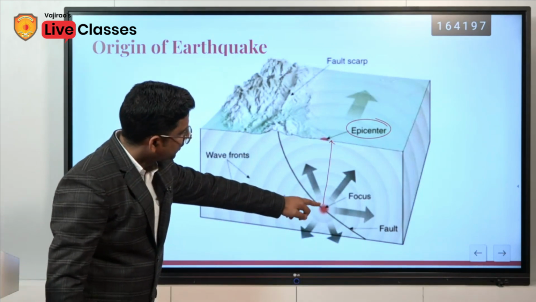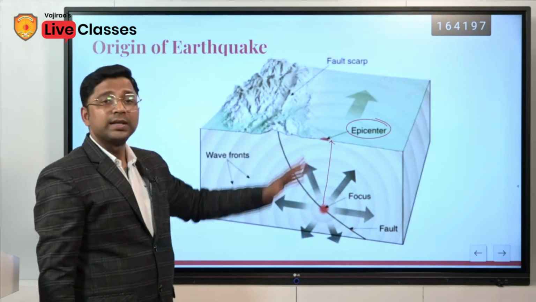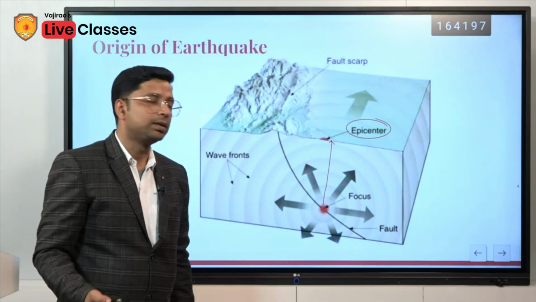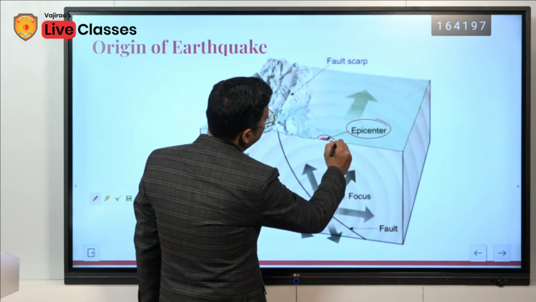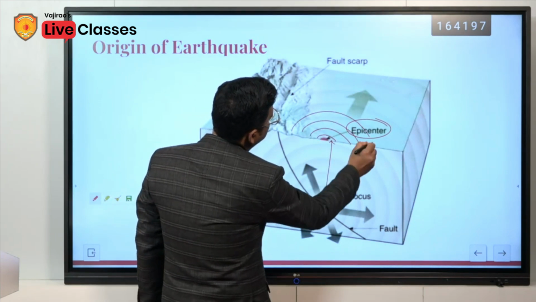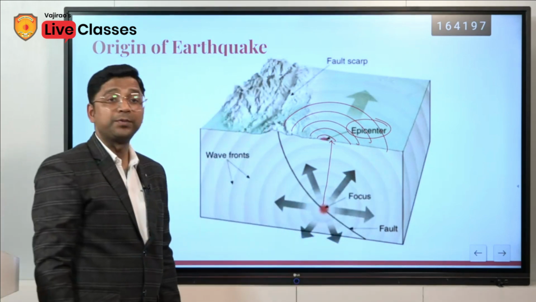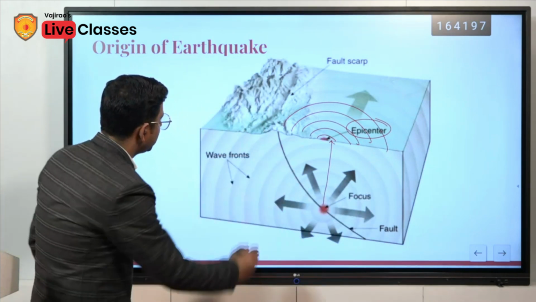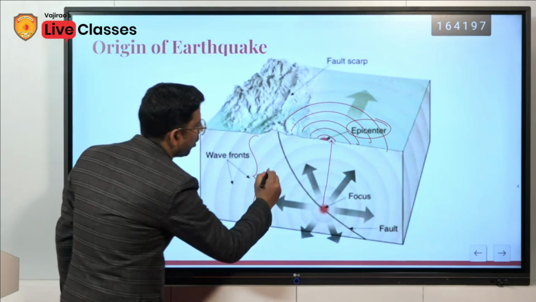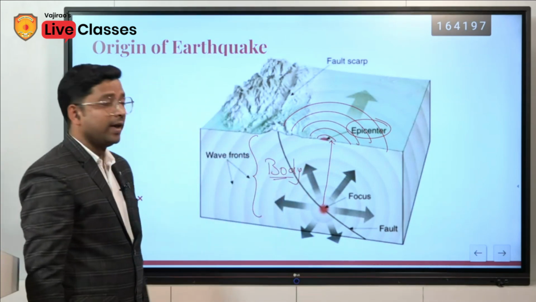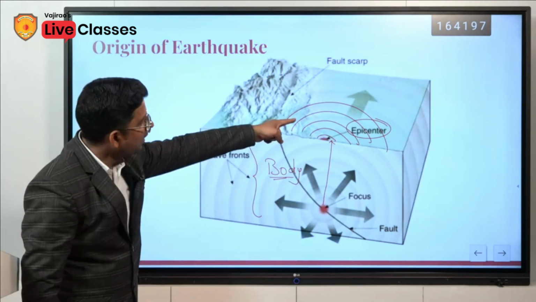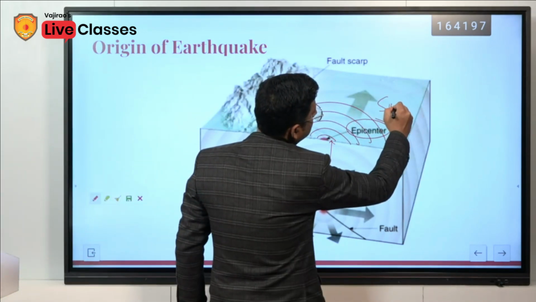When the earthquake waves reach the epicenter, different types of waves start again. Two types of waves: one travels inside the body of the earth, another travels over the surface of the earth.